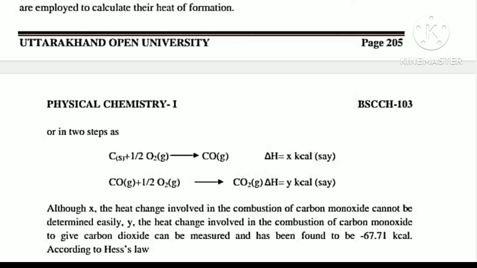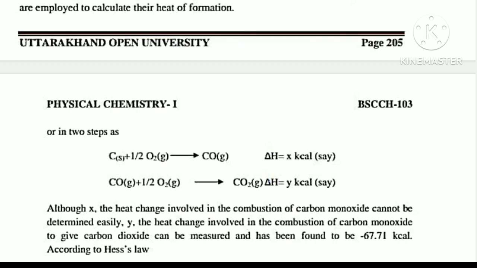Although X, the heat change involved in the combustion of carbon to carbon monoxide, cannot be determined easily, Y, the heat change involved in the combustion of carbon monoxide to give carbon dioxide, can be measured and has been found to be minus 67.71 kilocalorie.